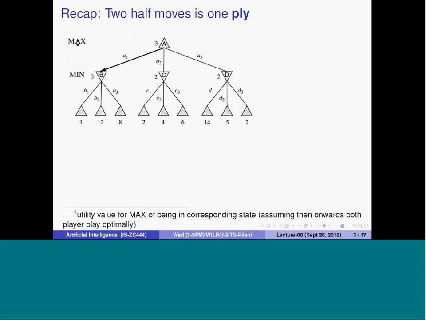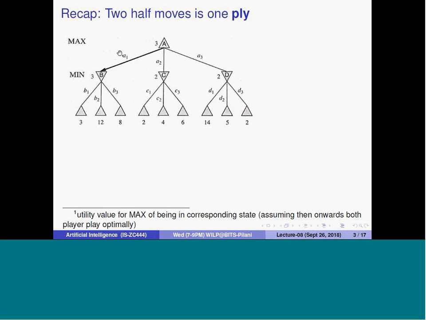Now the point is that you are the max and he is the min. How are you going to decide what should be my appropriate next turn? You would consider what your opponent would do, and then you can go.